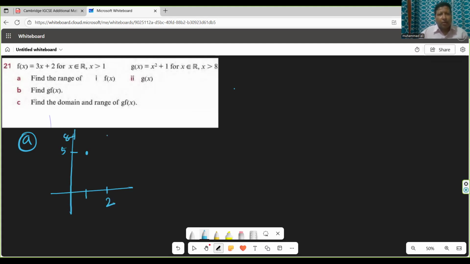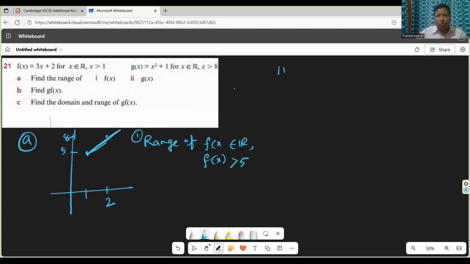So the lowest value of this line is 5, and starting from 5 it goes upward to infinity. So the range of f(x): f(x) belongs to real numbers and f(x) is greater than 5.